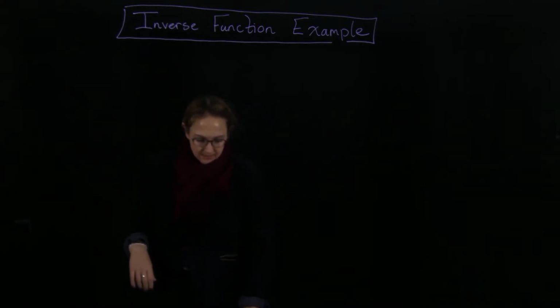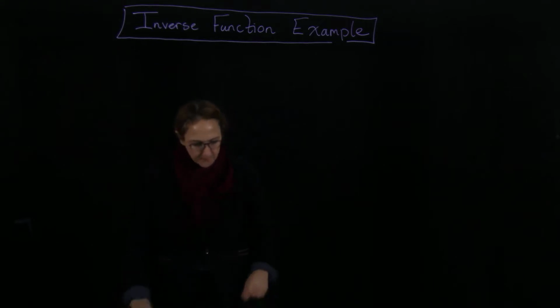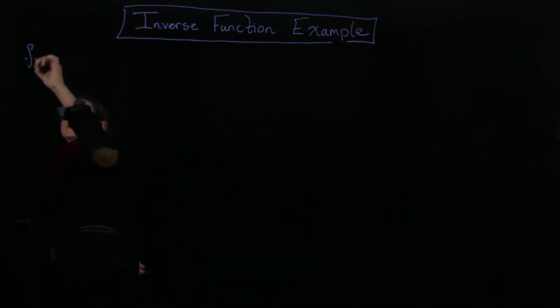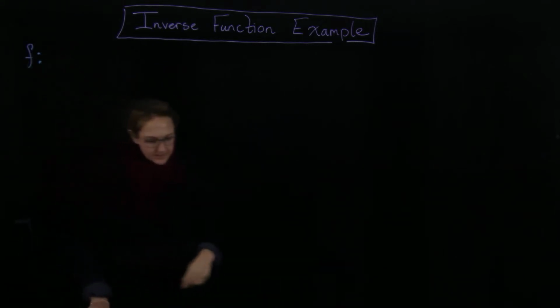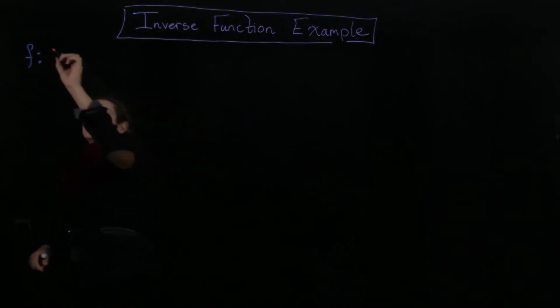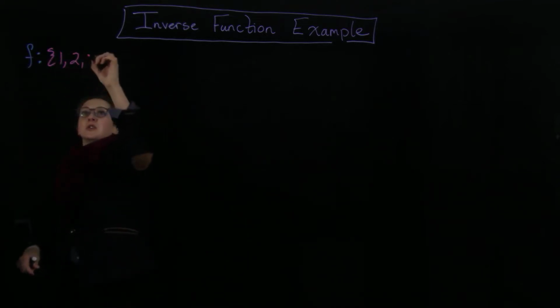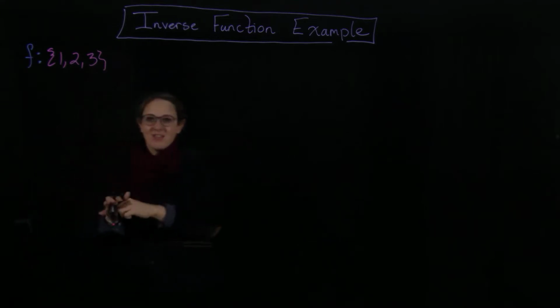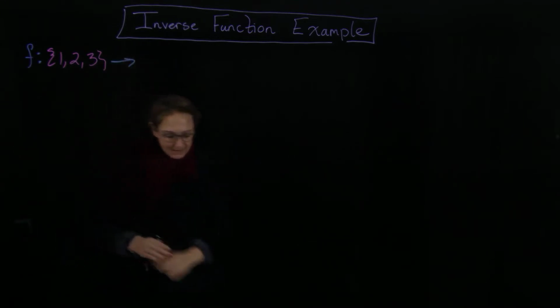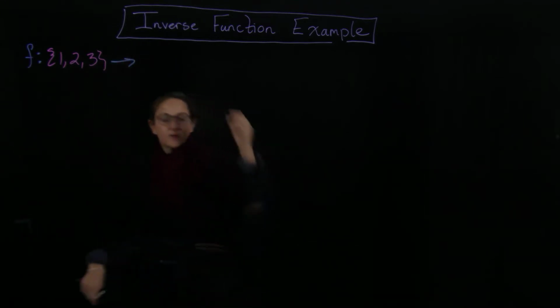So here we go. We're going to have f, which is going to go from the set that contains 1, 2, and 3, and then we're going to map to the set which contains red, yellow, and blue.